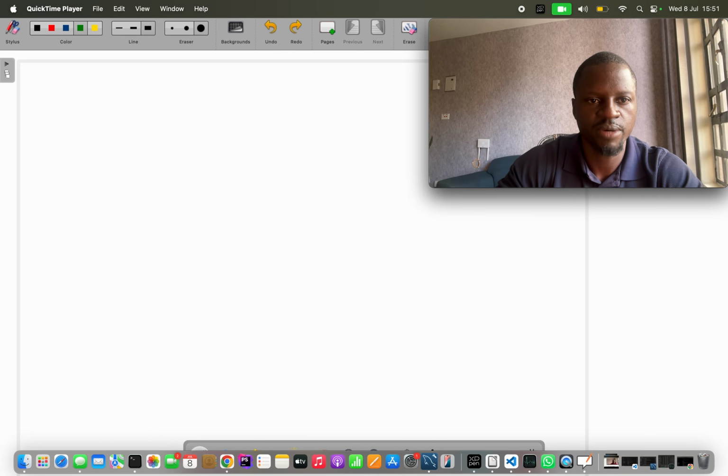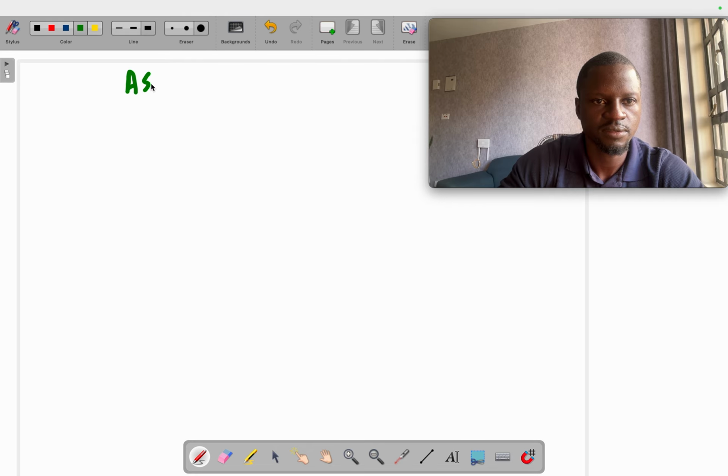So we're going to start with the balance sheet. In the balance sheet you find assets. Then you find the contributors of those assets.